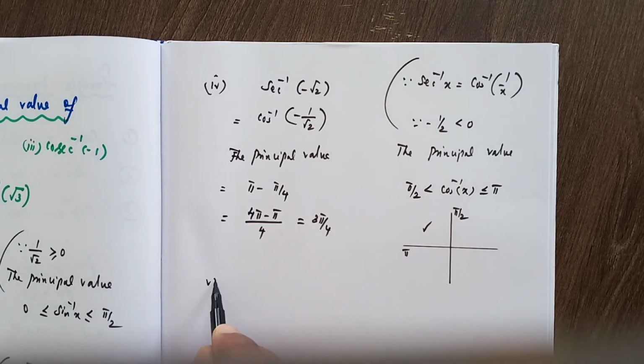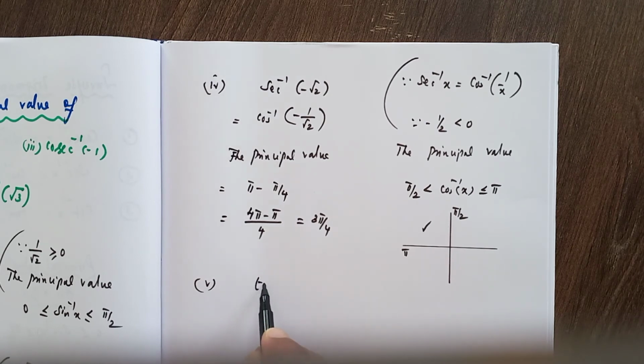Now subdivision number 5. Subdivision number 5 is tan inverse of root 3. Right. So root 3 is positive.